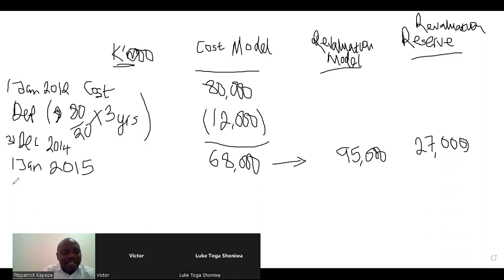On the 31st December 2015, under the cost model, you will still have a 4,000 depreciation there because you're using the cost model.